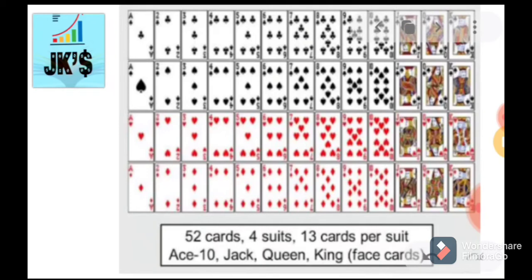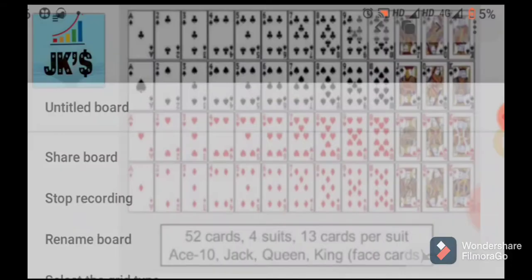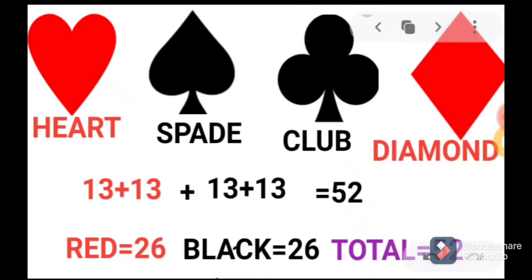There are a total of 52 cards in a pack. There are 4 suits, 13 cards per suit. Jack, Queen and King are the face cards.